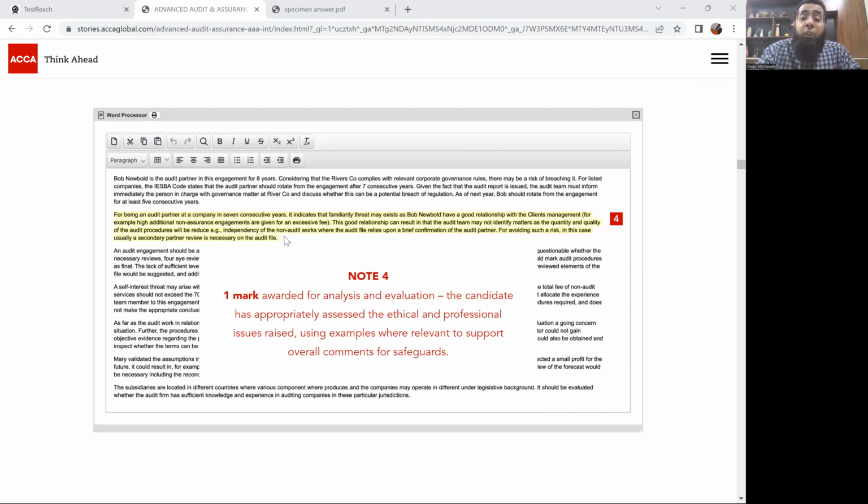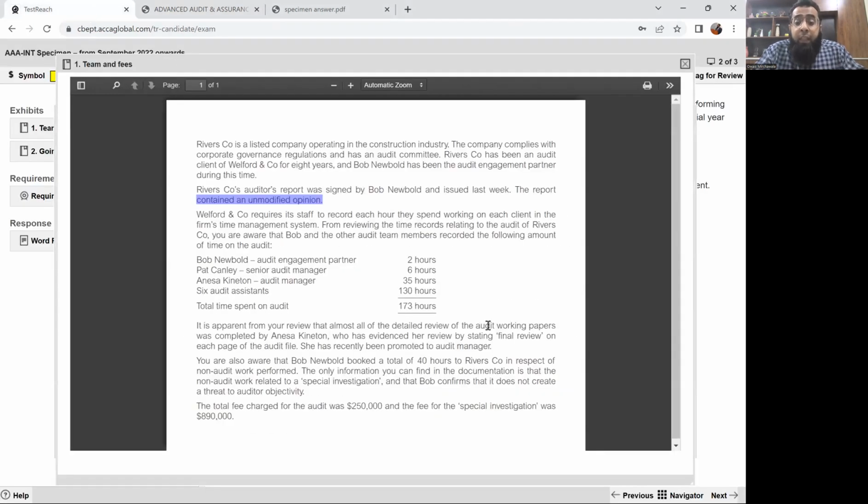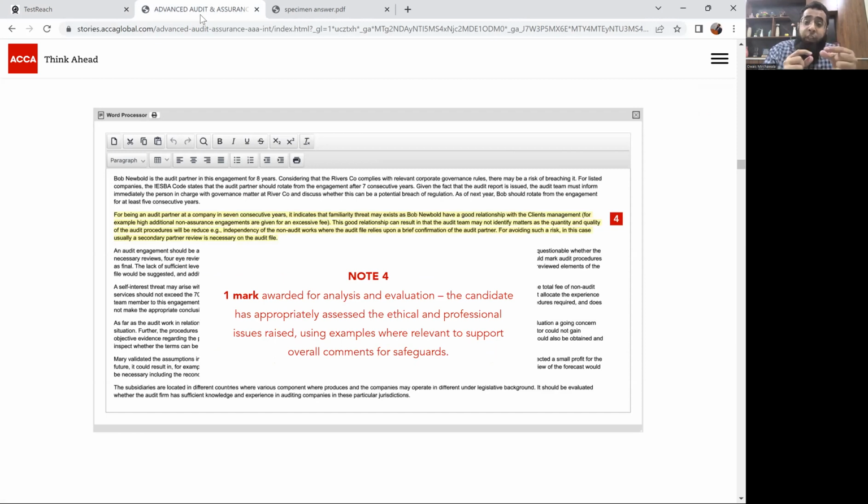Example, independence of the non-audit work, where the audit file relies upon a brief confirmation of the audit partner. Because if you look at the scenario, it was written that in case of the special investigation, the only information you can find in the audit documentation is the non-audit work related to the special investigation, and Bob confirms that it does not create a threat to objectivity. So the entire audit team relied on a small statement of the partner. So he is relating it very well.